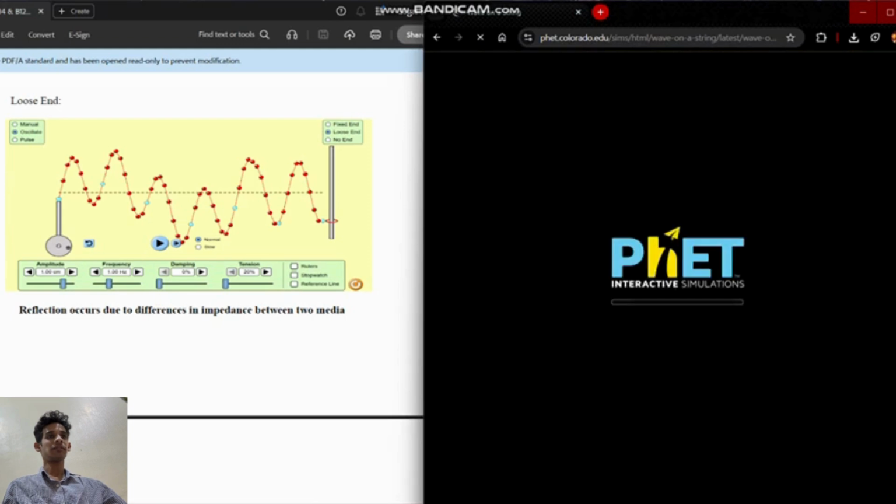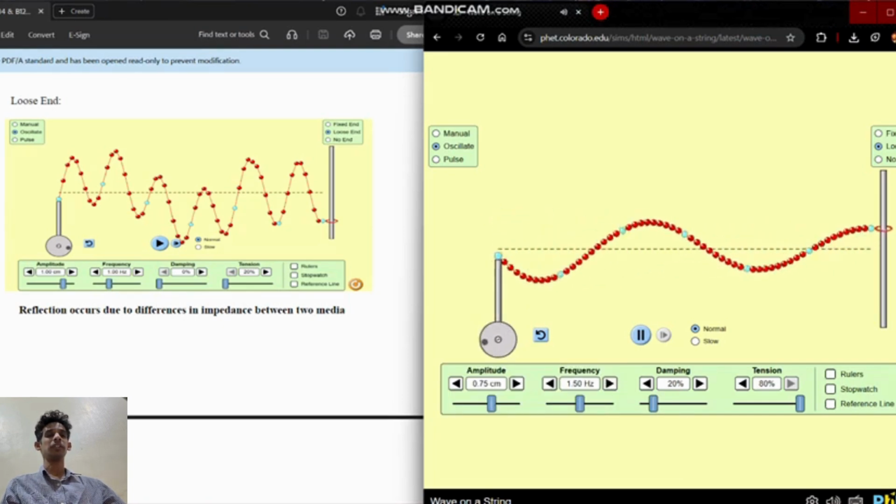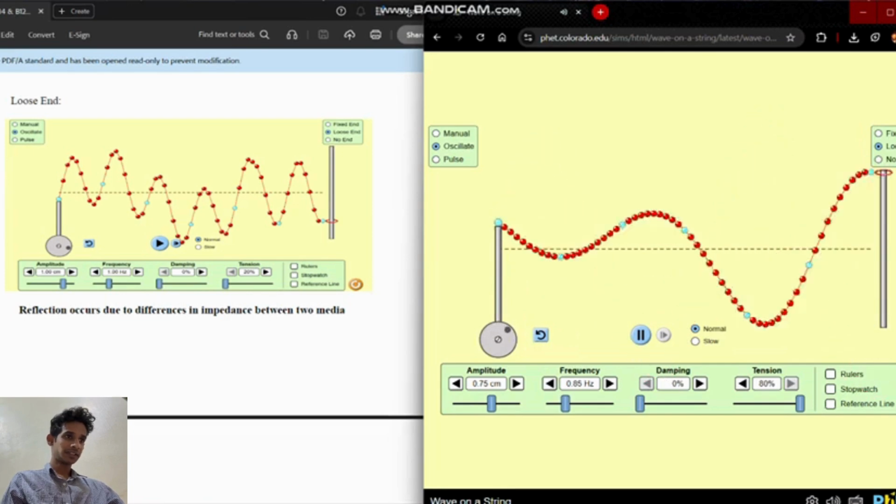Let me refresh here, sorry. Okay, you can see that this is the loose end showing here. It is explained that reflection occurs due to the difference in impedance between two media. Wait, I run the simulation here, you can see that.